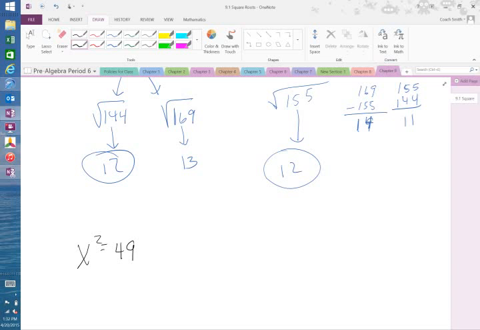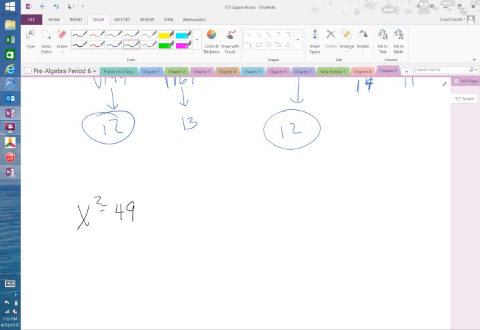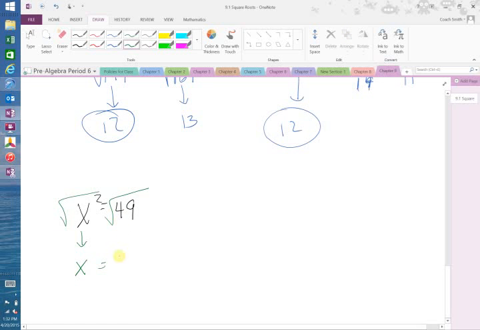Well, to solve that, you just simply take the square root of both sides. The square root of x squared is x, because what letter times itself would give you x squared? X times x. So x is it. Square root of 49, plus or minus 7. Now, that's not real hard. Obviously, they're going to get harder.